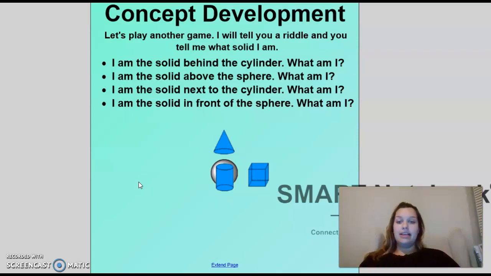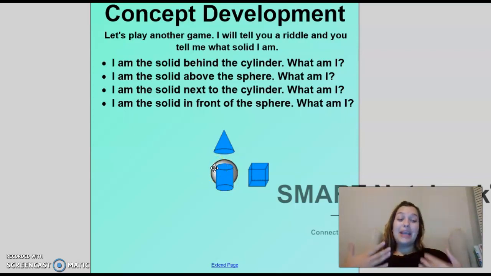I am the solid in front of the sphere. What's in front of the sphere? Here's your sphere. What's in front of it? Is it the cone? Is it the cylinder? Yes, your cylinder is in front of your sphere.